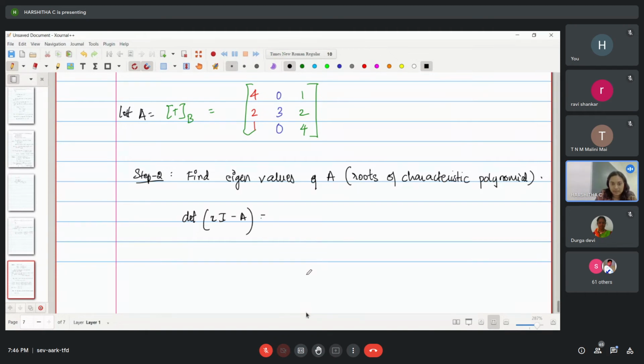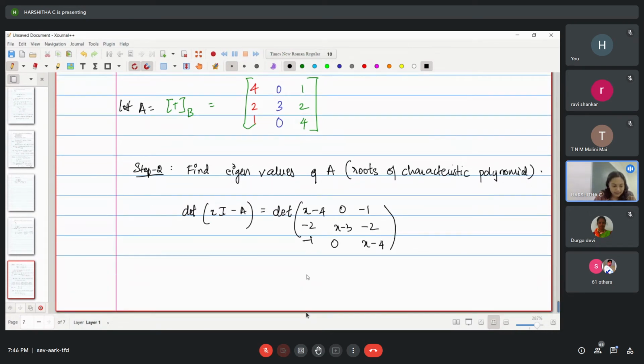So that would be the determinant of the matrix with rows minus 4, 0, minus 1, minus 2, minus 3. We will skip the computation and just write the answer.